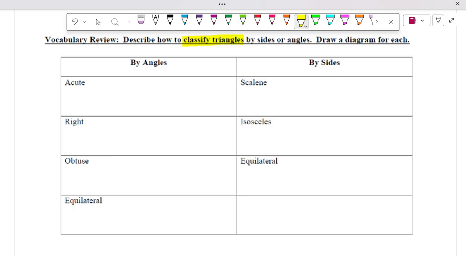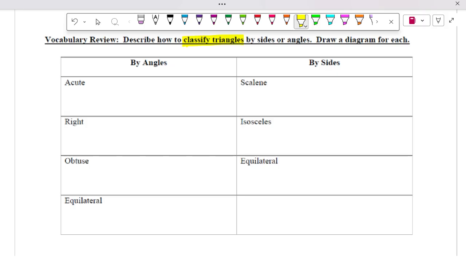Now, you can then classify them further by the type of angles within the triangle. Scalene, isosceles, equilateral deals with its sides. Acute, right, obtuse deals with its angles. Typically when you name a triangle, you name it by the type of angles and then the general type of triangle. So like an acute scalene and a right isosceles, et cetera.